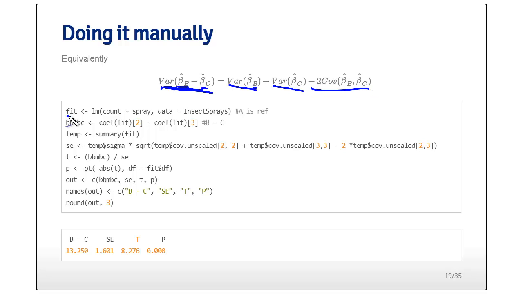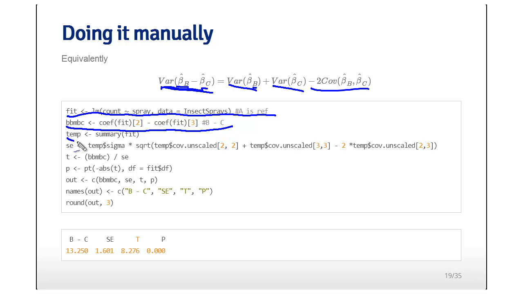So here we've fit the linear model where A is the reference category, and then here is just subtracting the B and C coefficients, which will correctly give you the thing as if you would fit C as the reference category, but it doesn't give you the standard error.